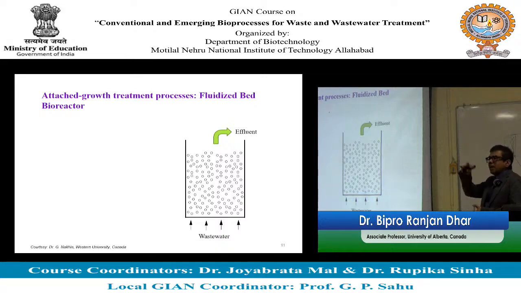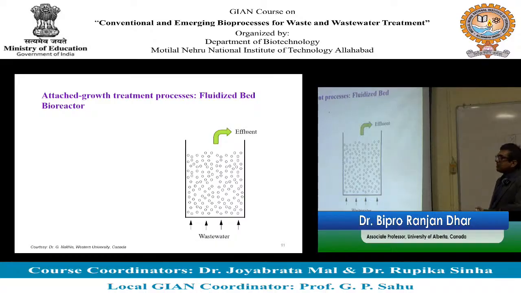Microbes are going to form biofilm on it, and instead of a packed bed of this kind of media, you can have a smaller amount of material, and wastewater flows at a certain velocity so that you can fluidize the media inside the reactor. But you have to make sure the velocity is not so high that those particles leave the system.